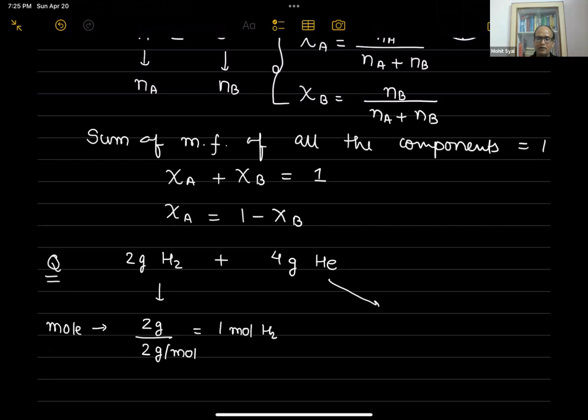Similarly for helium, how many moles? Marwa and Ayesha, tell me. Helium, the molar mass is 4. So how many moles? Thus we have taken 1 mole of He.